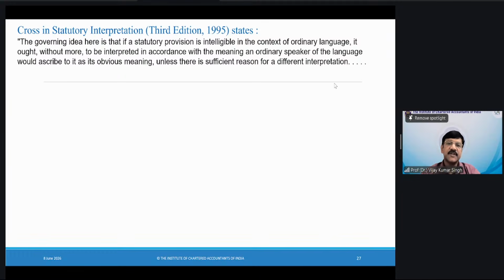Cross in statutory interpretation states that the governing idea in this situation is that a statutory provision is intelligible in the context of ordinary language. It ought without more to be interpreted in accordance with the meaning an ordinary speaker of the language would ascribe to it as its obvious meaning, unless there is sufficient reason for a different interpretation.